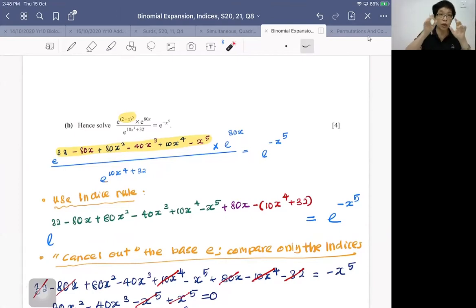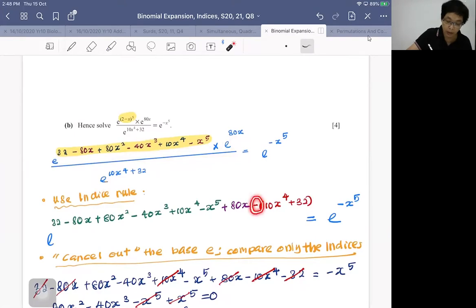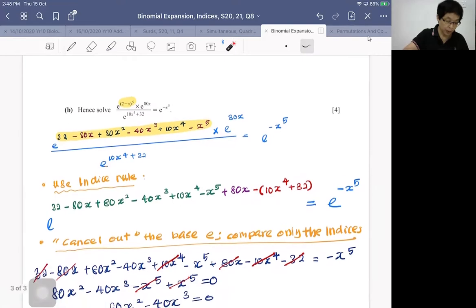When the same base is multiplied, we add up their indices. When the same bases are divided, we minus the indices. So using that rule, carefully put everything together.